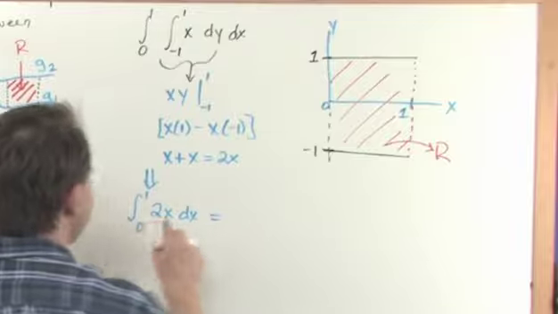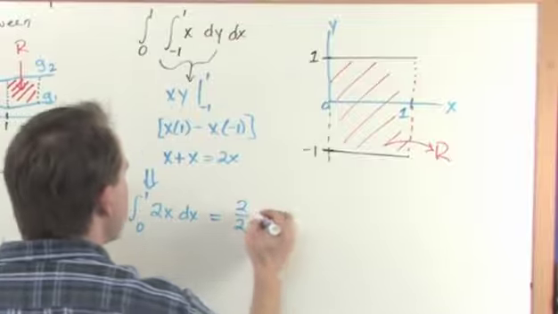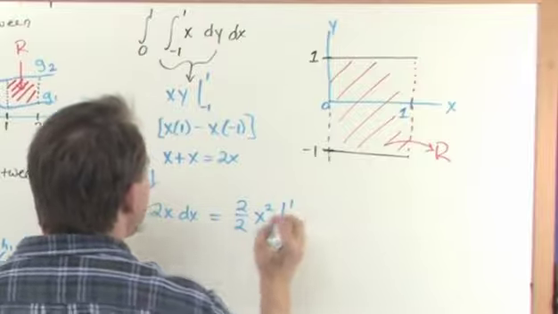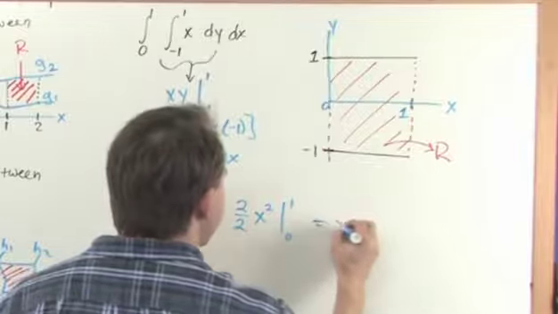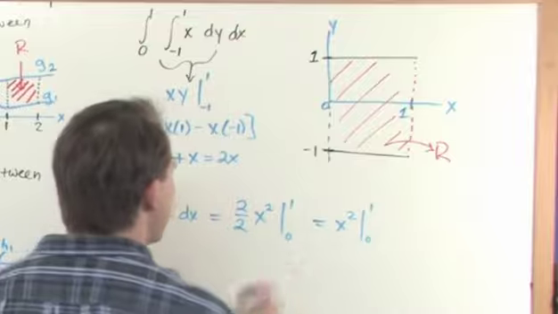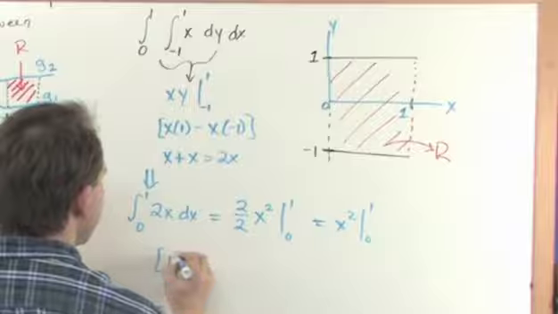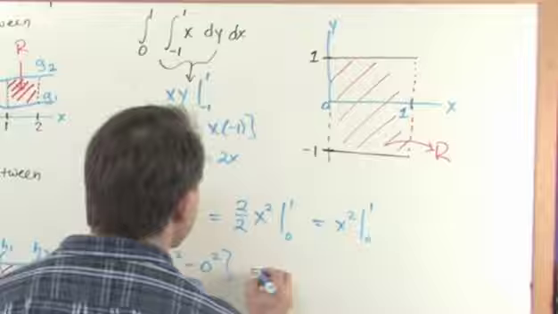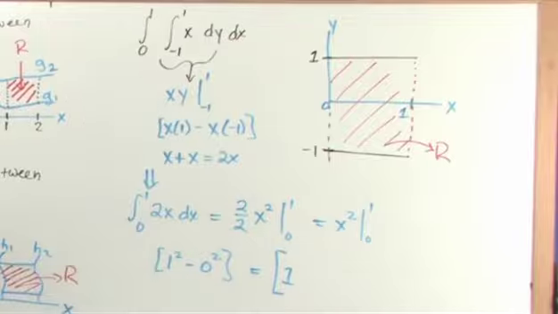This is just a regular integral from Calculus 1: 2x over 2, exponent plus 1, so x squared, evaluated from 0 to 1. That gives 1 squared minus 0 squared, evaluating the limits of integration, which is equal to a big fat 1. That's the answer, okay? Congratulations, you've done your first double integral.